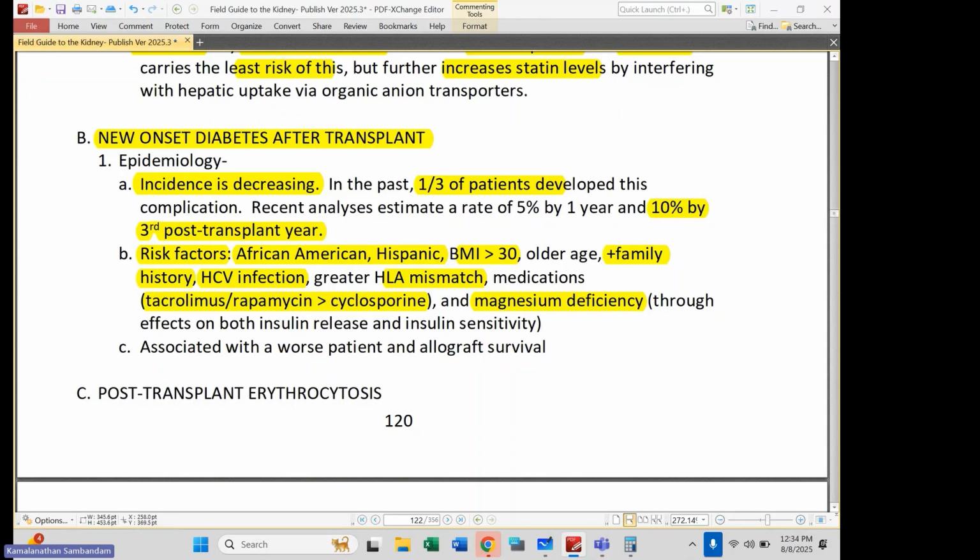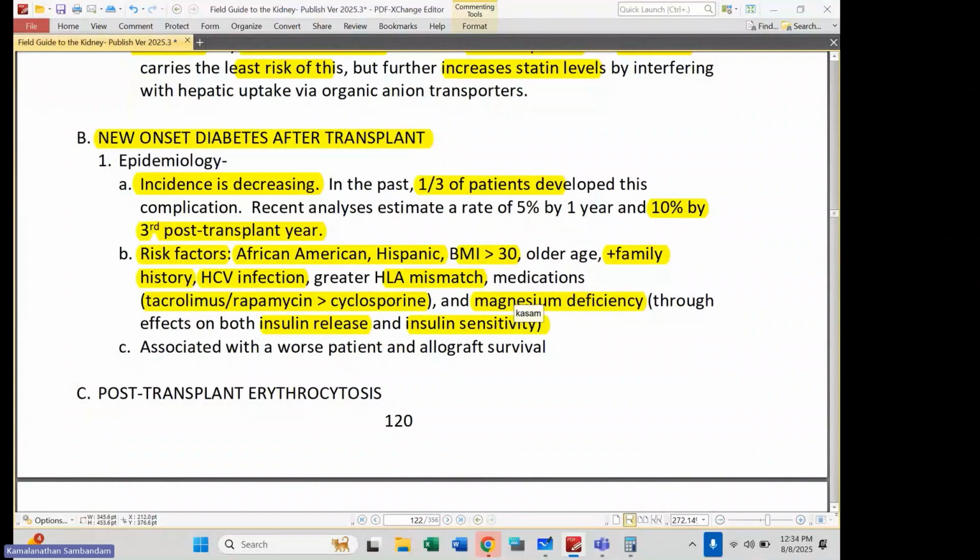So how does magnesium deficiency cause a predisposition to diabetes? It seems to work both afferent and efferent, that is, on insulin release as well as insulin sensitivity.